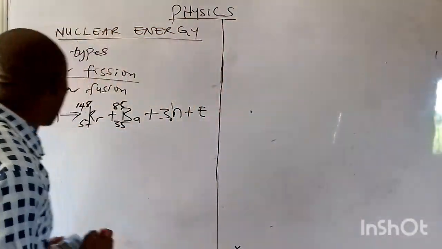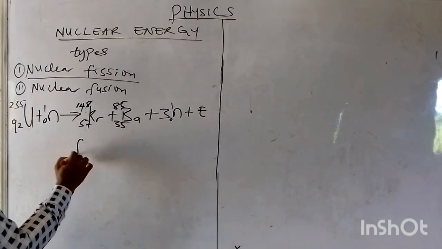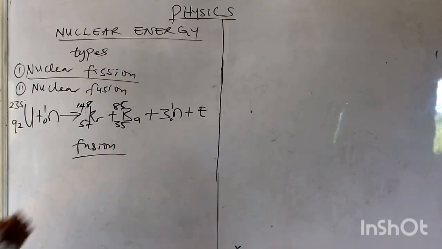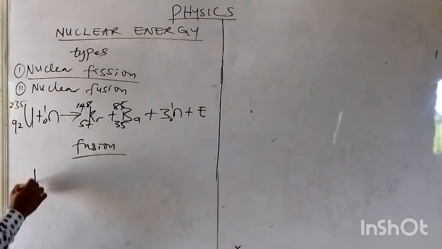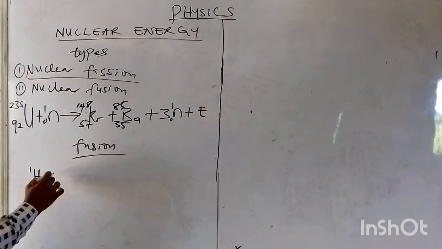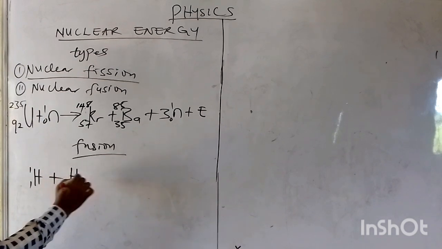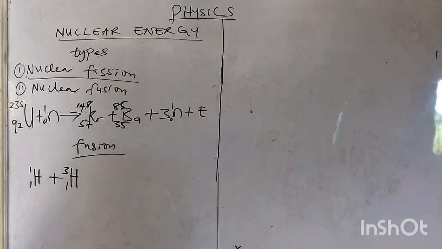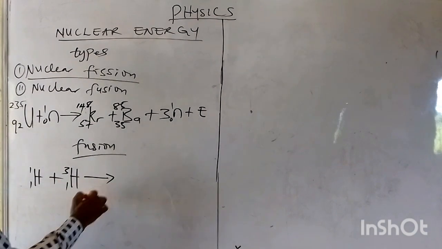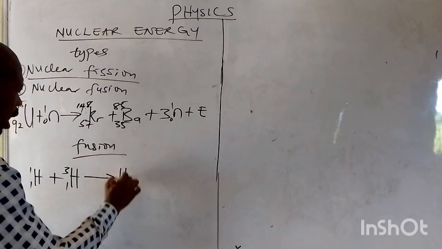For example, we can have this nuclear fusion. Now we can have proton plus deuterium, proton plus tritium. So these are very light nuclei. So it can now give us helium.